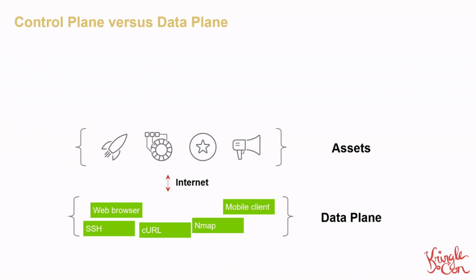We use all these types of connective tissues, right, to go from where we are via a web browser or maybe curl or nmap to connect to these resources. And that depends on DNS name resolution and internet gateways and routes and firewall rules, right? So that we can go from where we are across the internet to those resources to hit that open port and interact in a specific way.